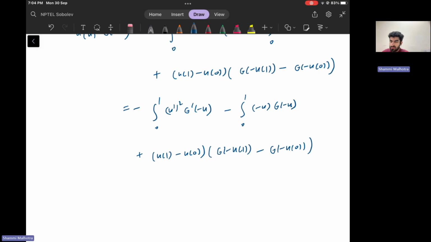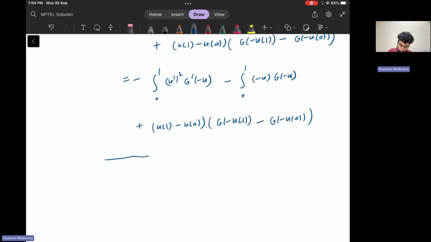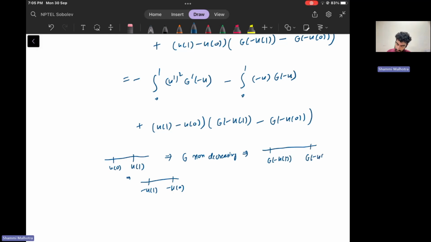Again, I know that G is a non-decreasing function. So if u(1) is greater than u(0), since G is non-decreasing, it's like increasing type of thing, this will imply that minus u(1) is less than minus u(0), and G of minus u(1) will be here and G of minus u(0) will be here.